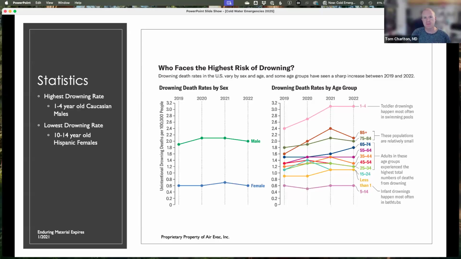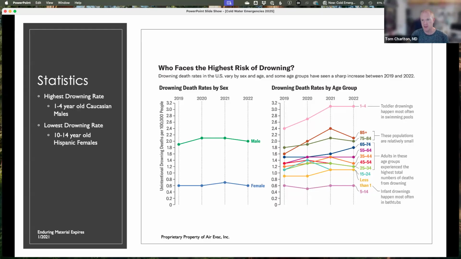So as we see here, who faces the highest risk of drowning? Males are more than double the rate of females over the years. And then this really is a disease of age extremes. If you look, by far, the highest age group is that 1 to 4 toddler drowning. And then it really goes to 85 and up, 75 to 84, 65 to 74, 55 to 64.